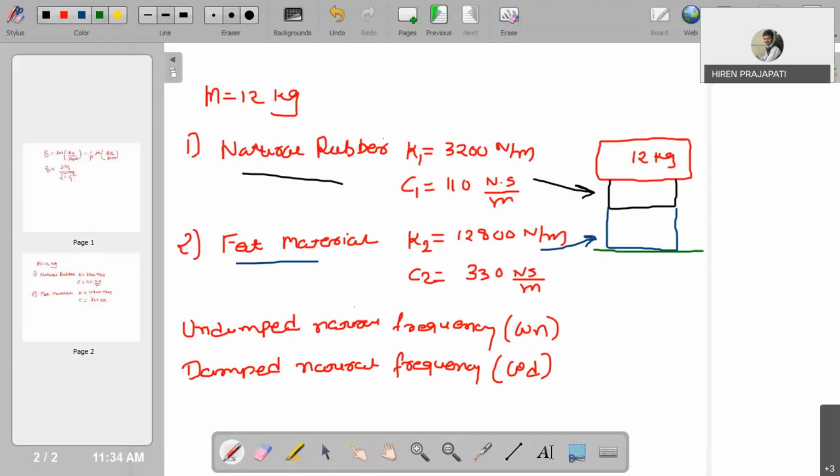These two are grounded, so on the ground two materials are kept, and on these two materials one mass is kept.